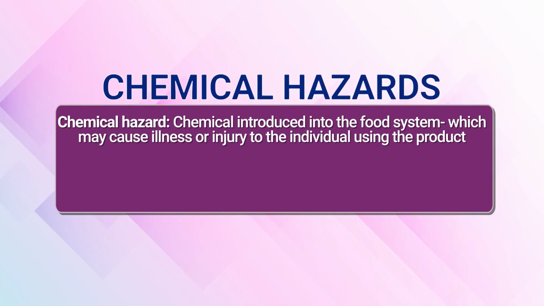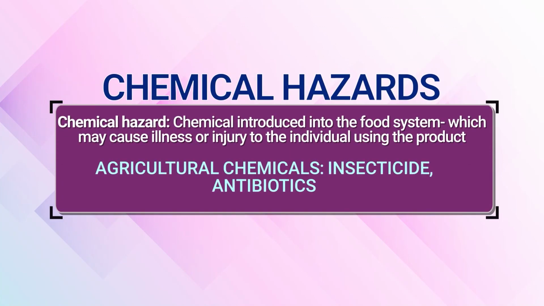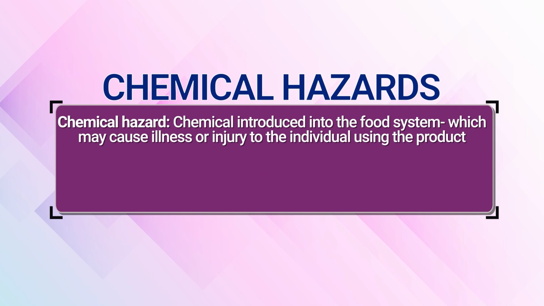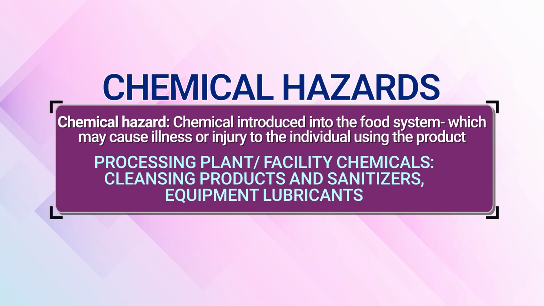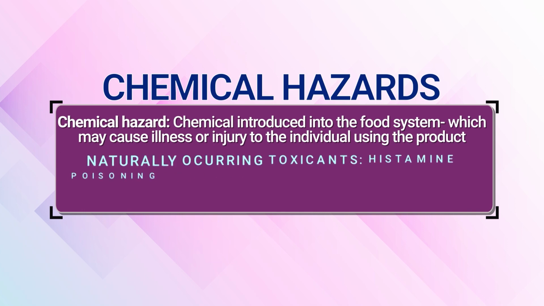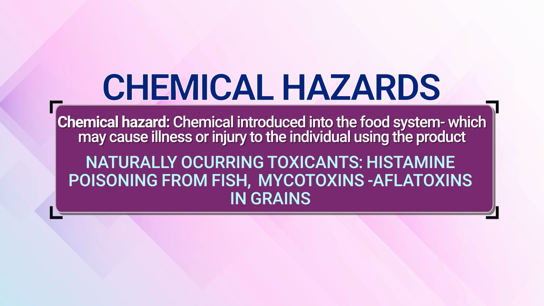Now we come to the next group, the chemical hazards. They enter the system and cause illness. These include agriculture chemicals like insecticides and antibiotics, and, in the processing plant, cleaning products, sanitizers, and equipment lubricants. Then there are certain naturally occurring toxicants, and food chemicals. So there are four types.